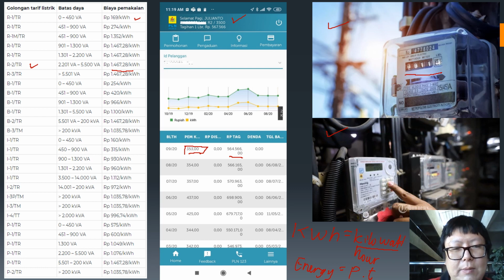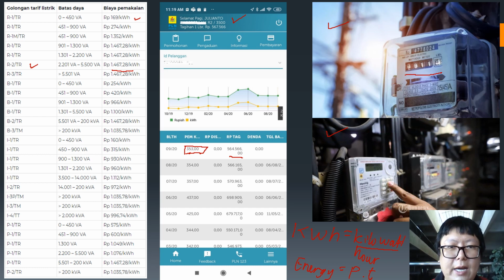You can count it. If 353 times 1500, then you get around 500,000, because there is an extra charge that you need to pay each month. So in our calculation we ignore the extra charge. We just count it using this formula: find the kilowatt hour, after that times the price, then done.